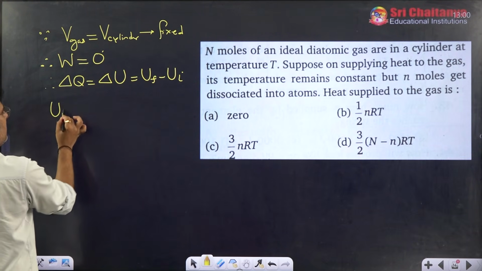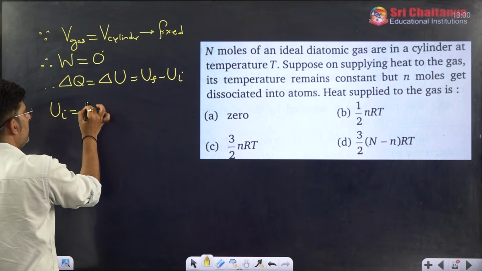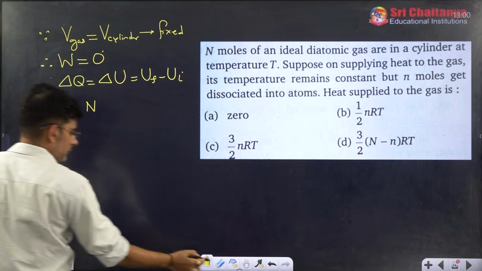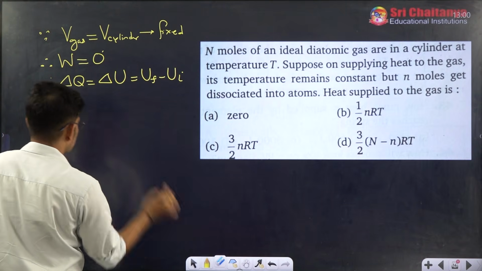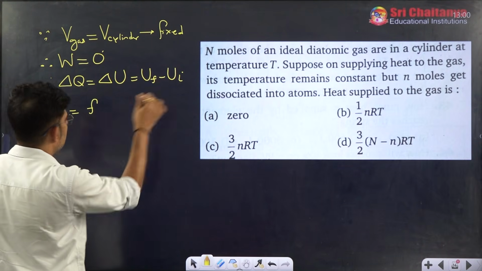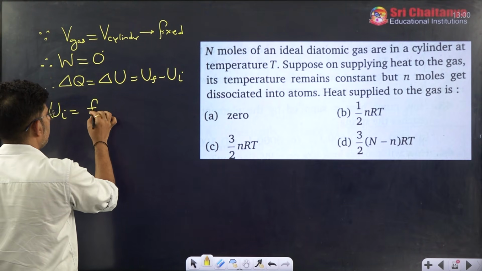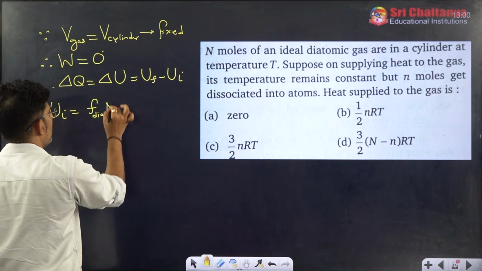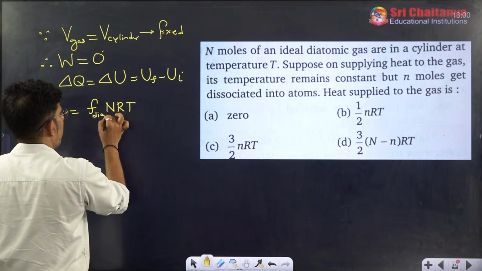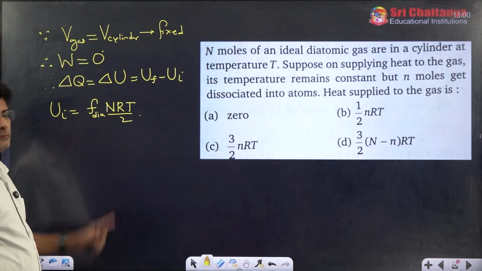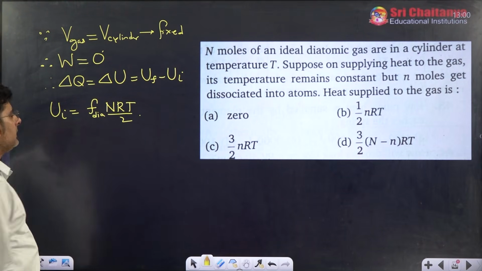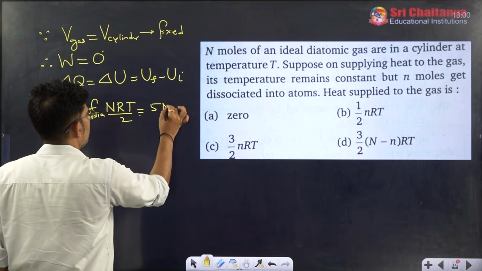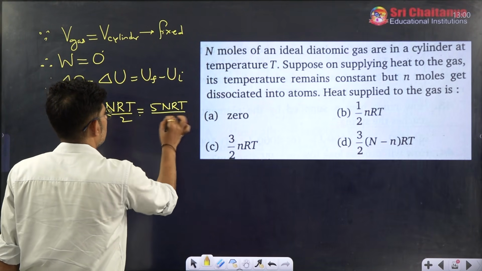Now what is U initial? Simply you had diatomic gas, I am sorry for that. F by 2 nRT, number of moles N. So for diatomic gas F is 5, this is the value.